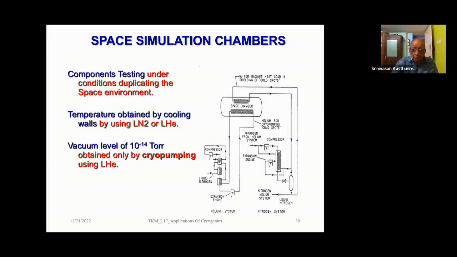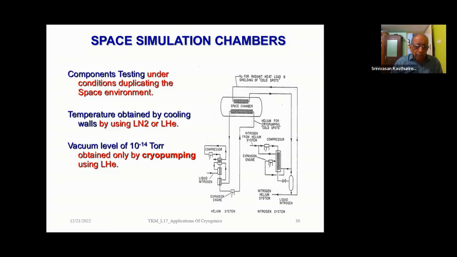So, for example, here you can see a system. There is a sample chamber in which there are radiators through which the cooling is being done. There are methodologies to achieve whatever temperature range you want here, either by circulation of liquid nitrogen or by using an appropriate cooling arrangement to produce liquid nitrogen temperature.